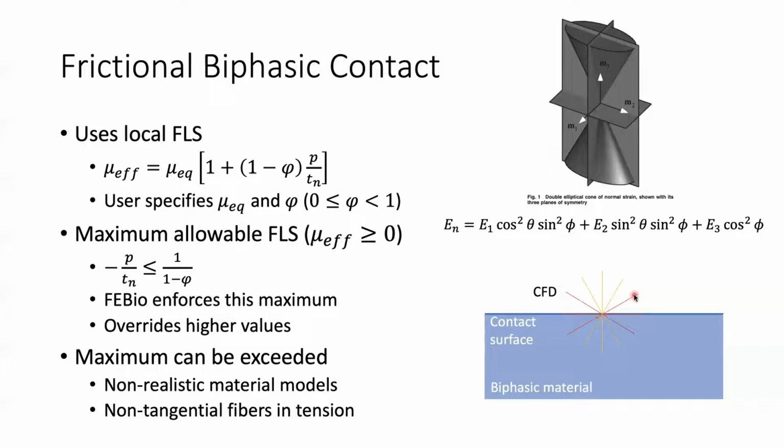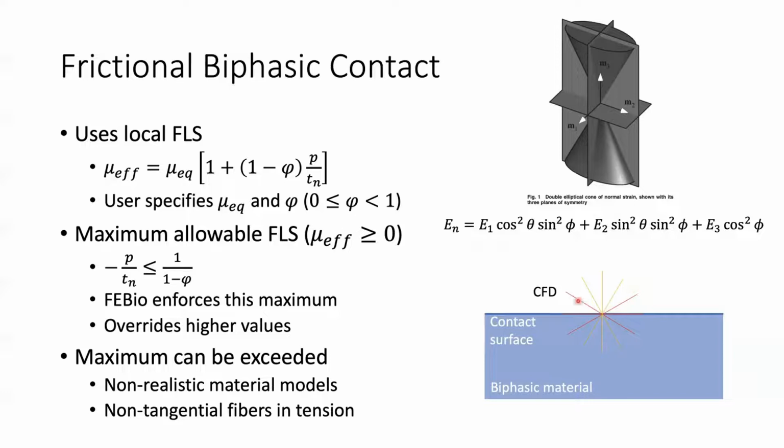Basically, the reason why this happens is because if you have fibers that stick out, some of them can be in tension, depending on the state of strain in the tissue. And there's a theoretical paper that we wrote a while back that explains that there's a cone of strain. This is the normal strain along the fiber, and you're either inside the cone or outside the cone, depending on whether 2 of your 3 eigenvalues of the strain are positive or 2 are negative and the other one is positive.